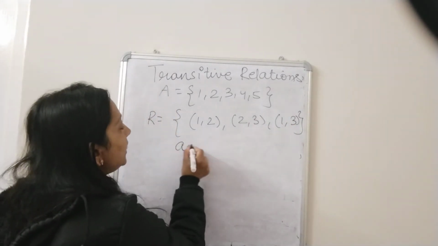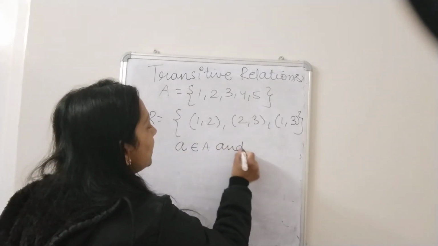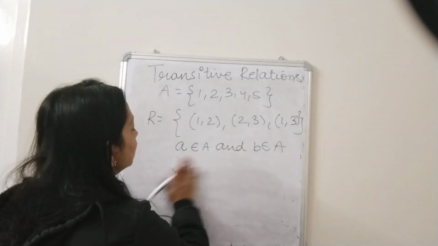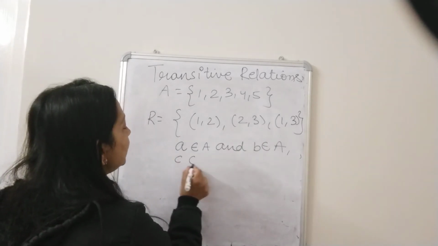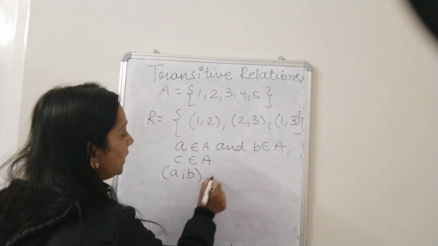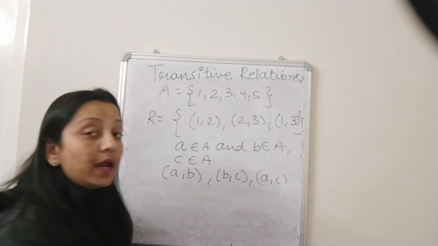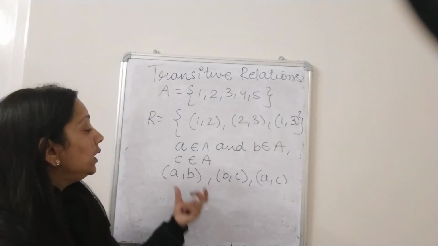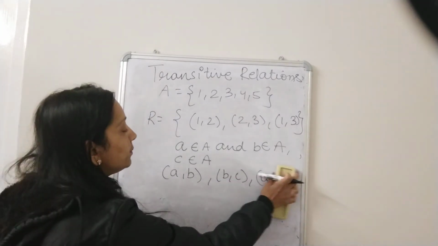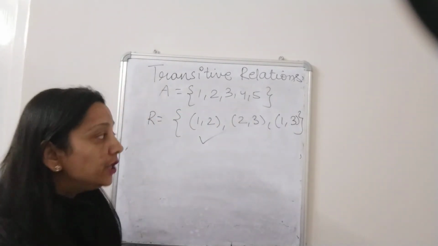That is, for every element a that belongs to set A, every element b that belongs to set A, and every element c that belongs to set A, if AB is in the relationship set and BC is in the relationship set, then AC must also be there in the relationship set. So if the ordered pairs exist in this manner, then you can say that the relationship set is transitive. So this I can say is a transitive relation.